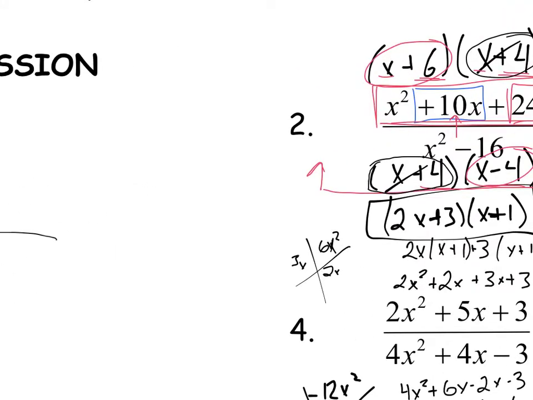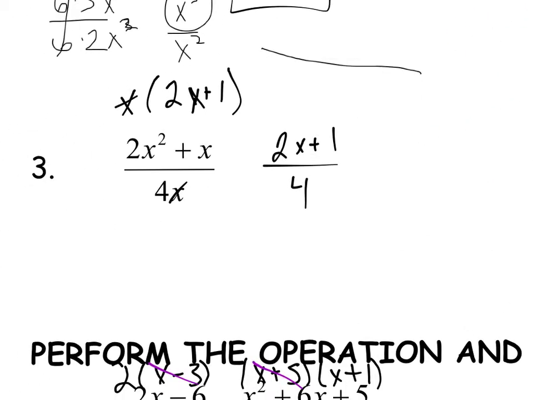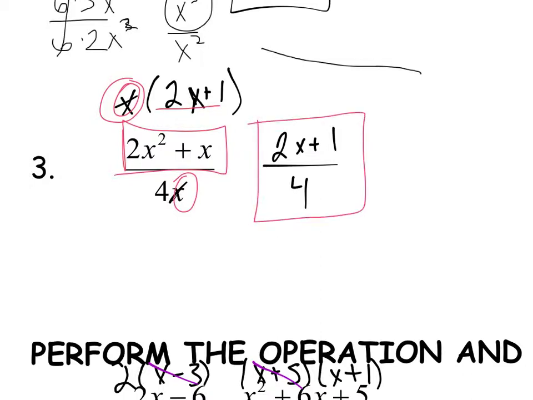Even between these 3, even between those 2, alright? Every time. The common factor here is x. So I took out an x, leaving me with 2x plus 1. I canceled this x with the x on the bottom, which leaves me with my final answer, 2x plus 1 over that 4.